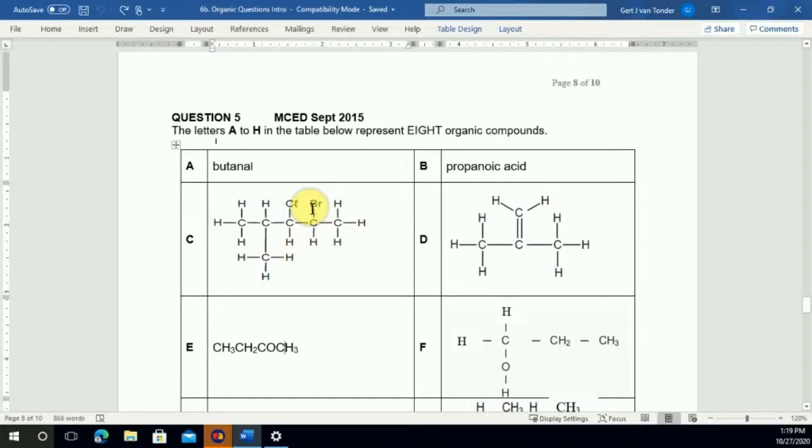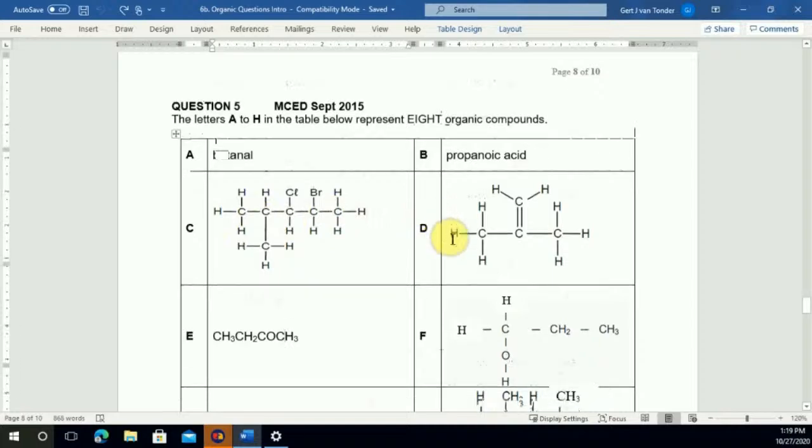So, if we start numbering, 1, 2, 3, 4, 5, it is 2-bromo, 3-chloro, 4-methyl pentane. So C is 2-bromo-3-chloro-4-methylpentane, and there's all single bonds, so it's pentane.